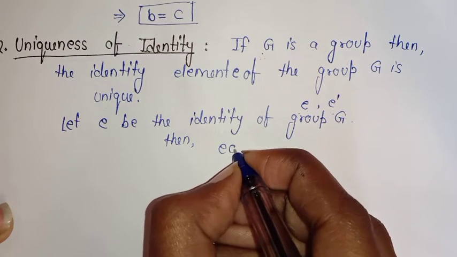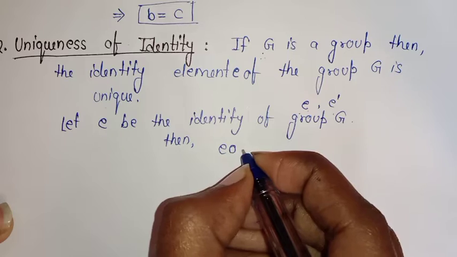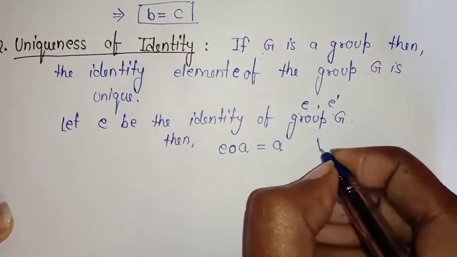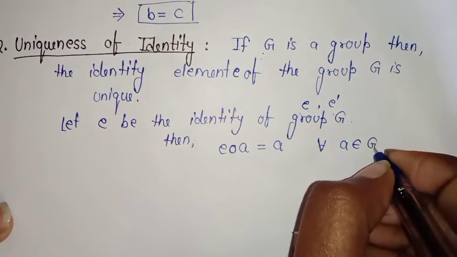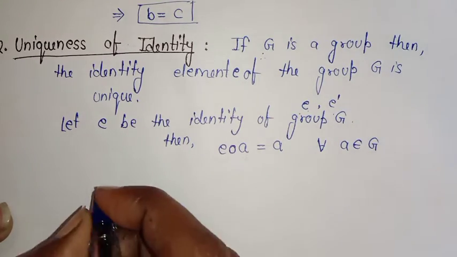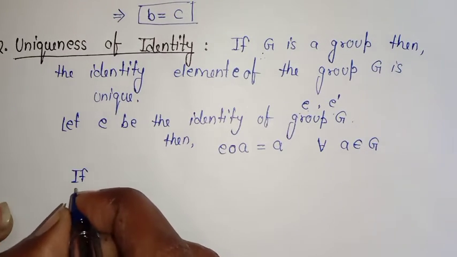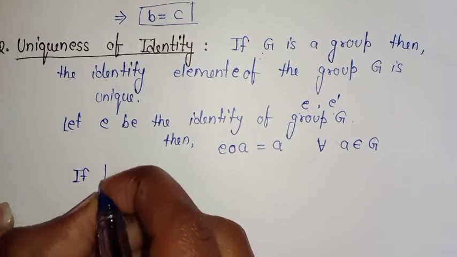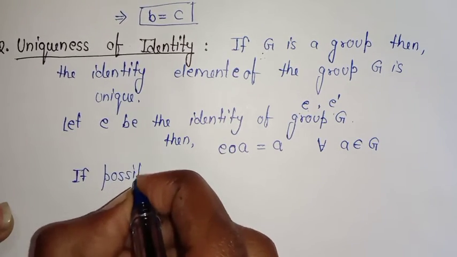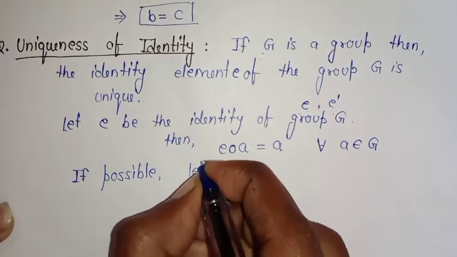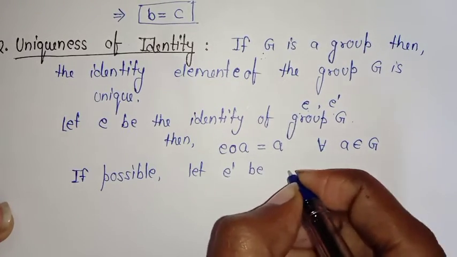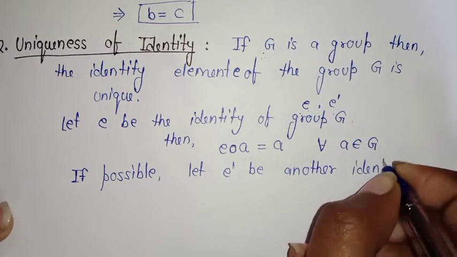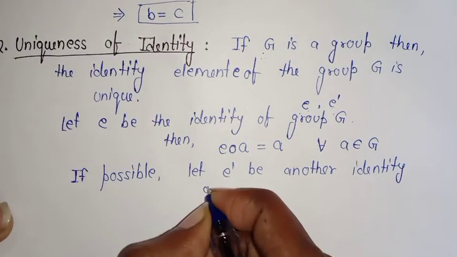Suppose I am taking o as the operation here, so e o a is equal to a, and this is true for all elements of G. Now, if possible, since I will take the contrapositive of this statement, let e dash be another identity of the same group G.